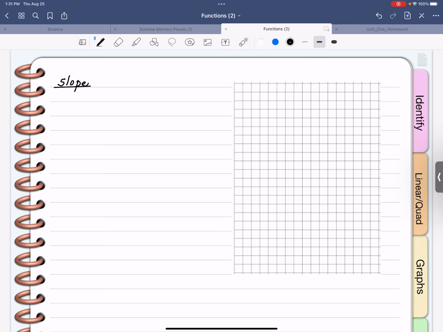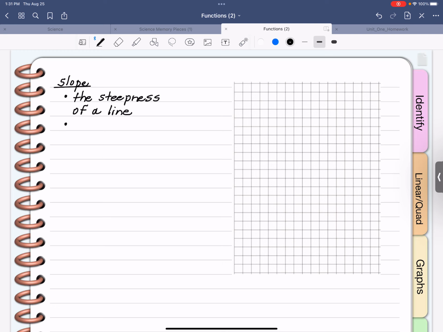And just a general definition of slope, it is generally defined as the steepness of a line. Now, we could do a very technical definition, but this is as good a definition as I'll need in this course. It is the measure of the steepness of a line.